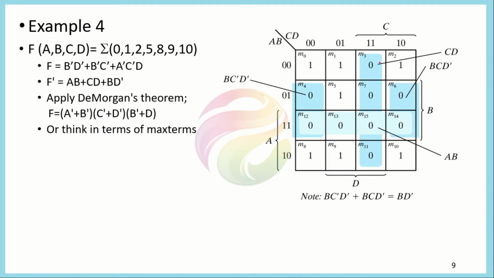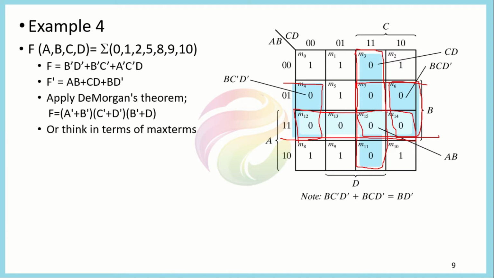There are many zeros here, and you can combine them in many ways. For example, the first is to combine this set of four adjacent zeros here, then you can also combine this one here, and then you can also combine this with this.